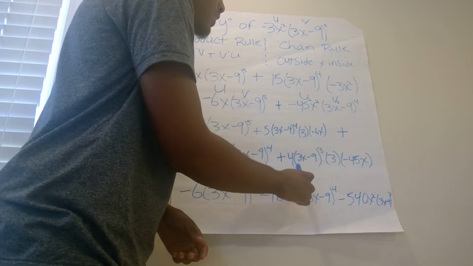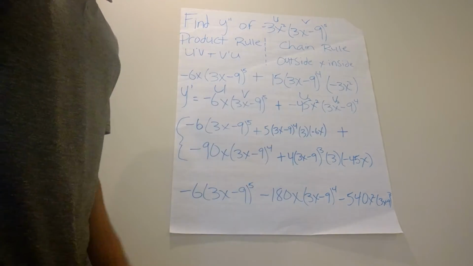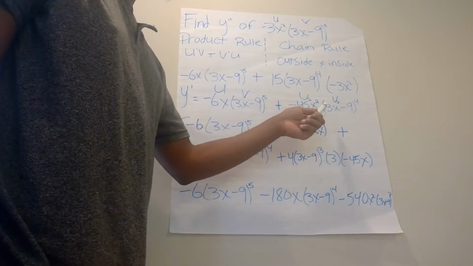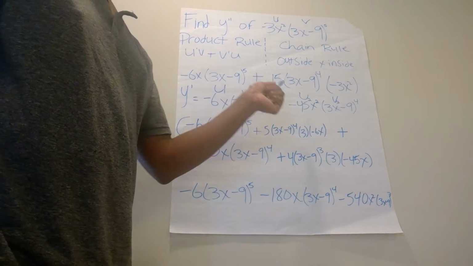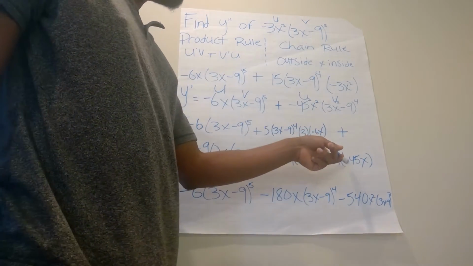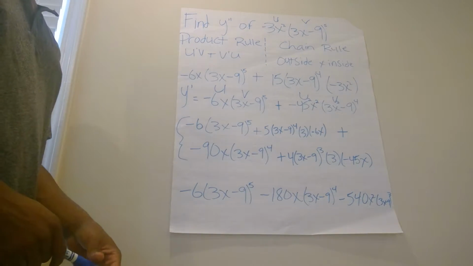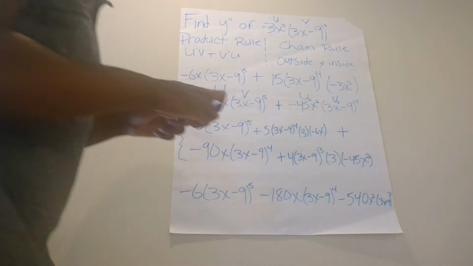So you have 4 times (3x minus 9) all cubed. And you multiply that by the derivative of the inside, which in this case is just 3. And then you cannot forget to multiply it by u2, which is negative 45x squared. Forgive me, there's a squared left off of here.